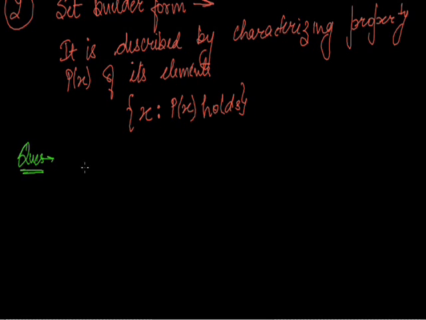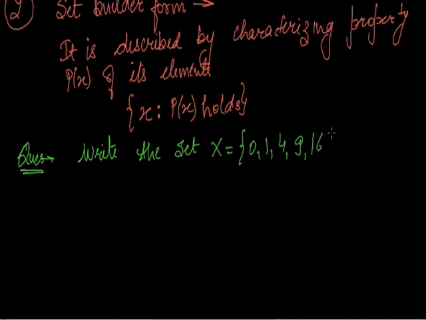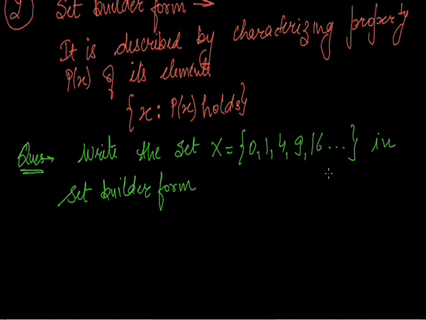Question: write the set {0, 1, 4, 9, 16} in set builder form. As we see, the set is given in roster form and we have to convert it into set builder form.